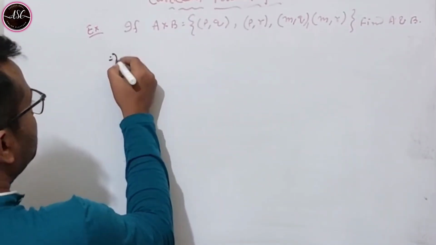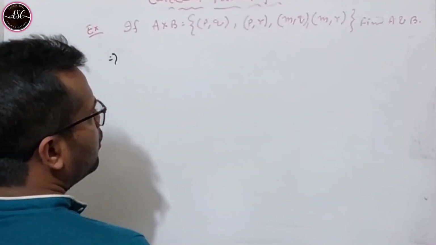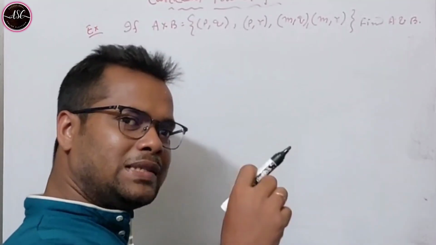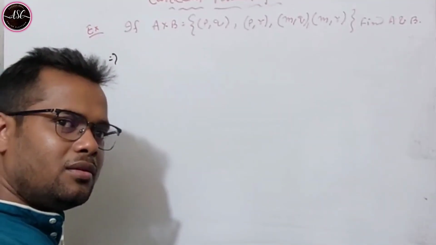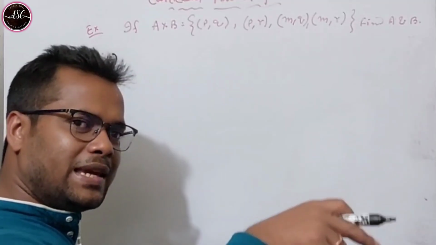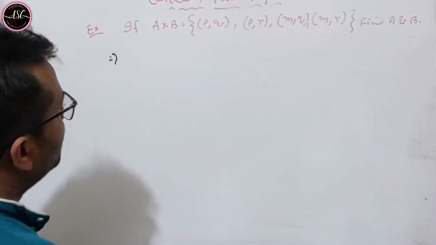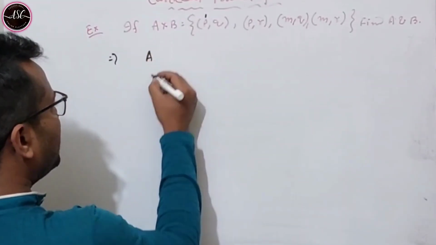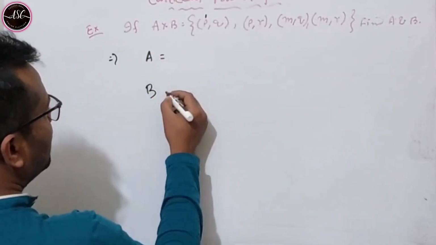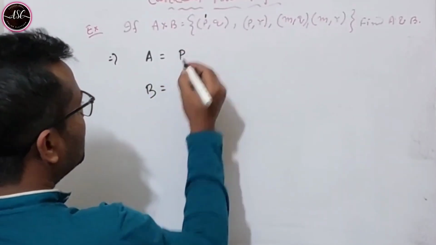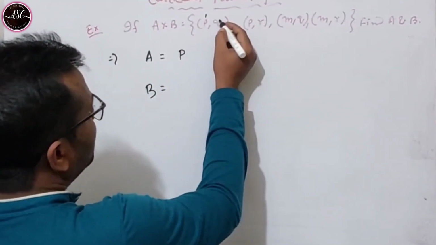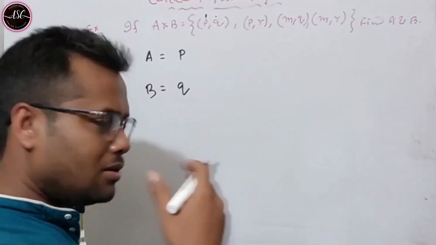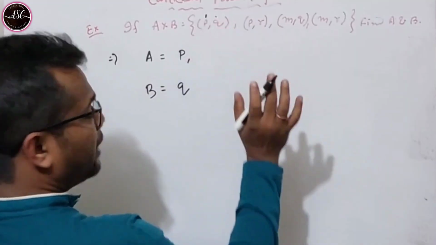So how will we do it? Here, in a Cartesian product the first element of the first set is related with the first element of the second set in an ordered pair. So the first set is A and the second set is B. Then P is the element of A, and Q is the first element of the second set.